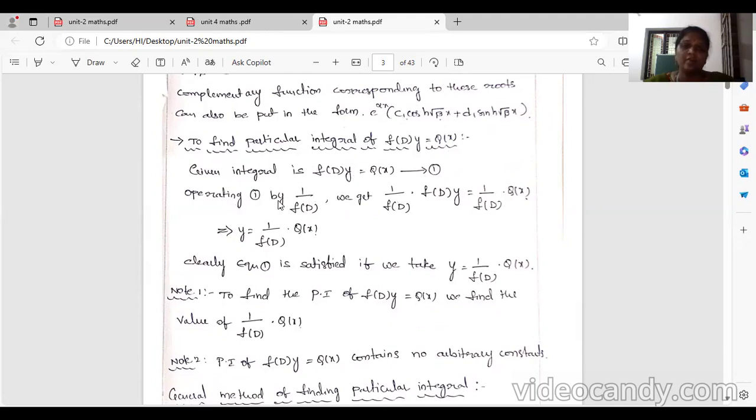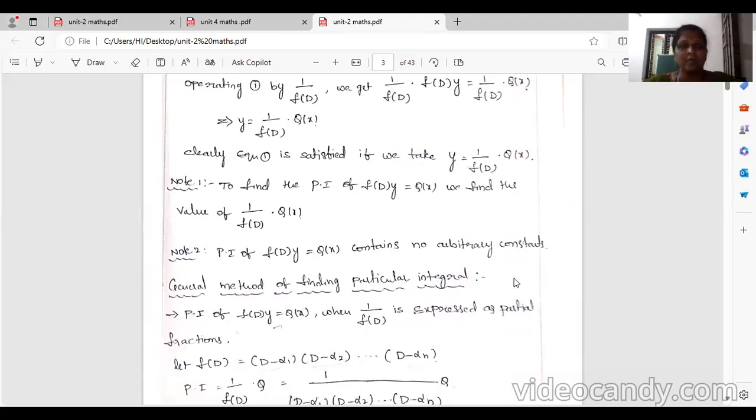Operating with 1/f(D), we get (1/f(D)) f(D) y = (1/f(D)) Q(x), so y = (1/f(D)) Q(x). Clearly equation 1 is satisfied, so we take y = (1/f(D)) Q(x).